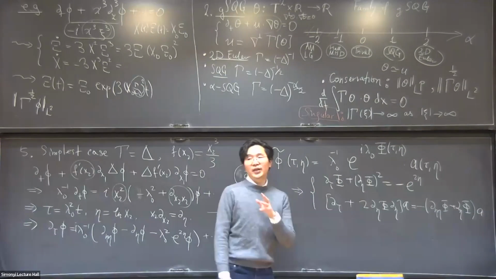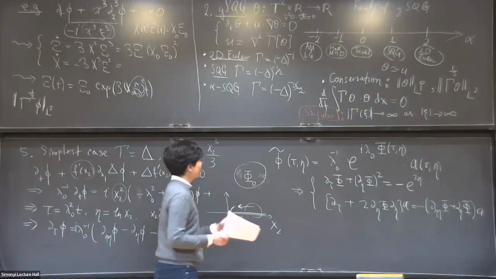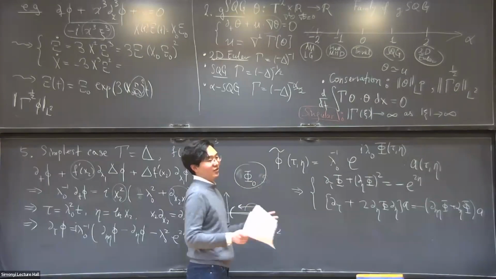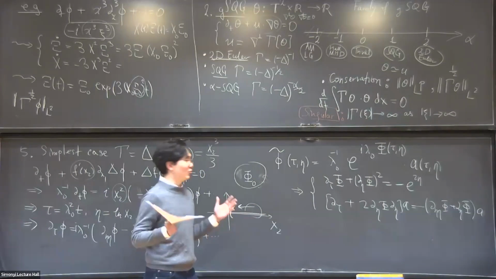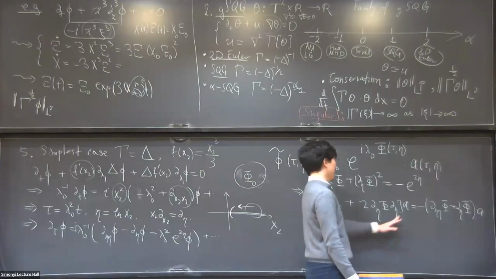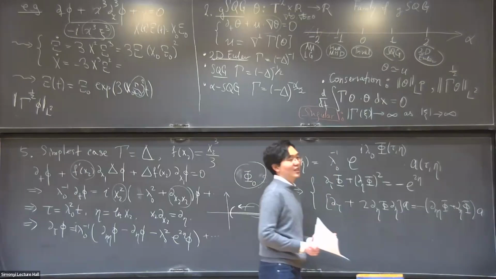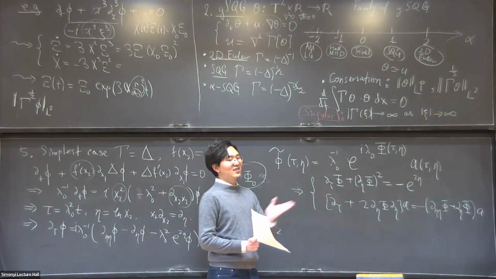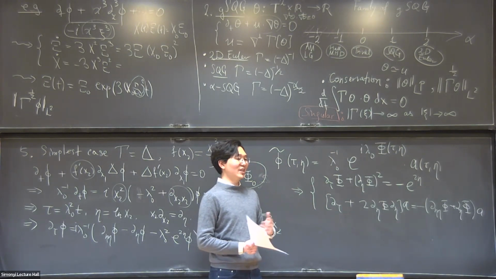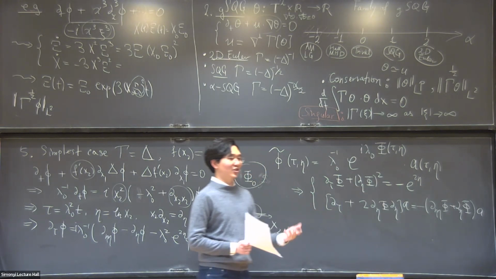And that really depends on what you prepare for the initial phase function. In other words, you want the characteristics of the transport operator to be as flat, as parallel as possible, even when tau becomes large.